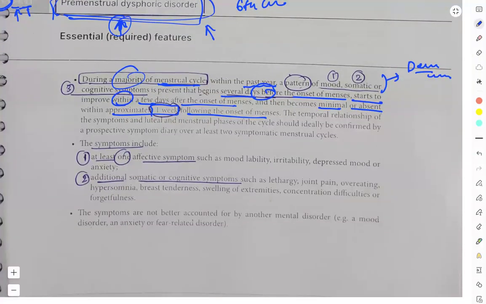The symptoms include at least one affective symptom, such as mood lability, irritability, depressed mood, or anxiety. Any one of them should be present, along with additional somatic or cognitive symptoms. What are the somatic and cognitive symptoms that might be present in this patient?